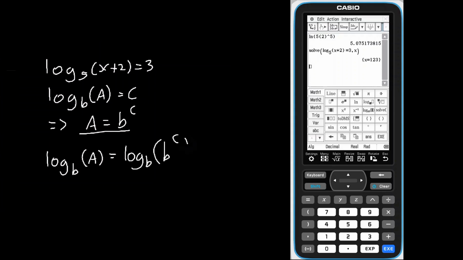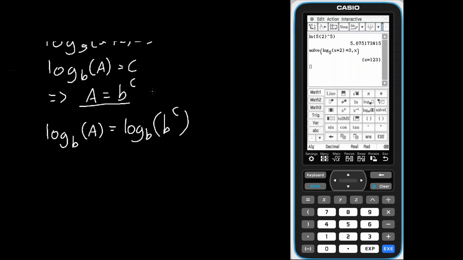Now, there is this rule that says that if you have something to the power inside the log, you can put it down the bottom. So now we've got log base b, and that is equal to c times log base b of b here.